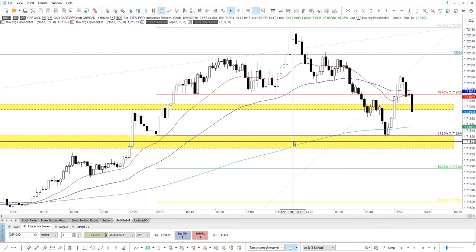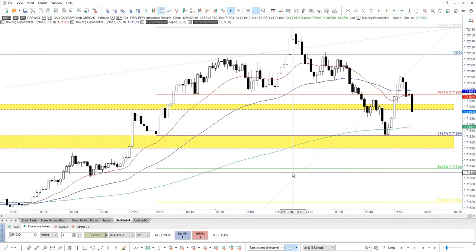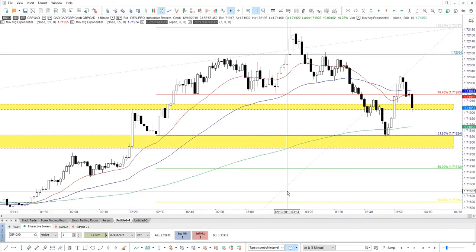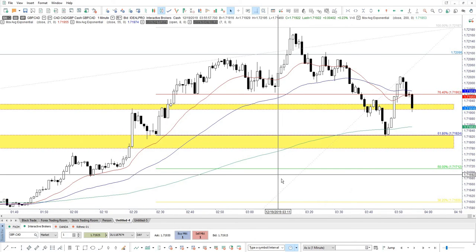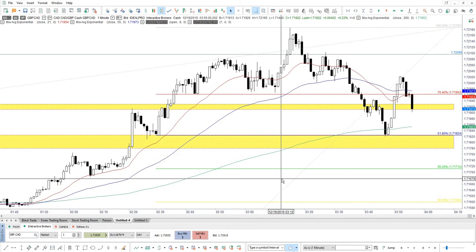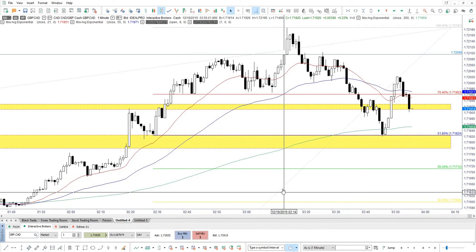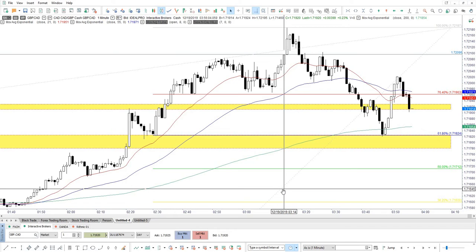Let's see. So waiting patiently, still not entering into the trade, waiting patiently. Still don't have a confirmation to enter the trade.